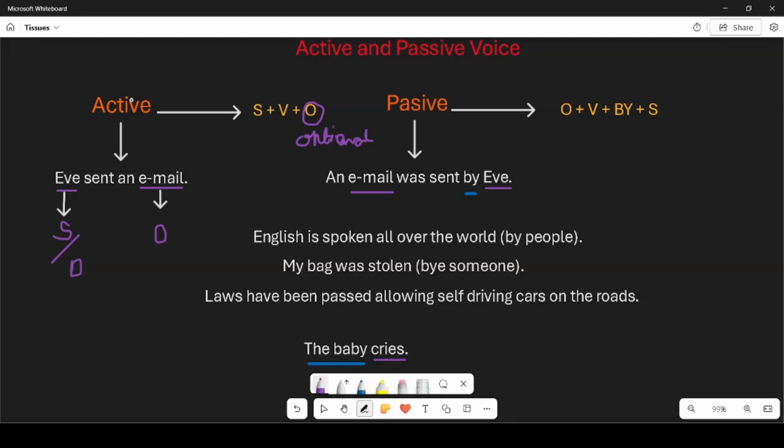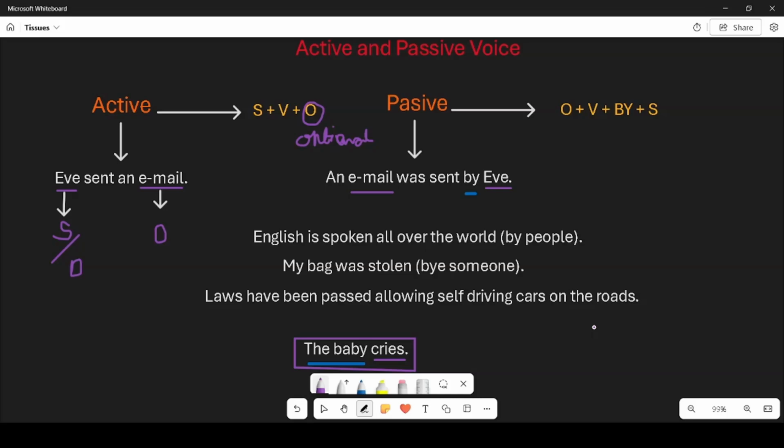Like the sentence, the baby cries, is an active voice sentence. Passive voice is possible only for verbs with objects, that is transitive verbs. So if there are two objects, any one of the two can be made the subject. However, a person is usually made the subject of the sentence rather than the inanimate object.